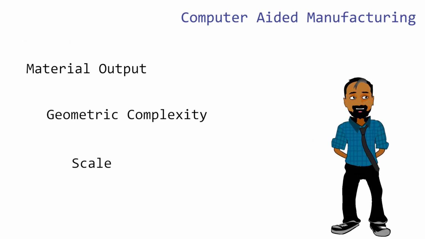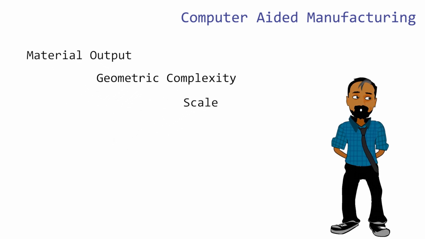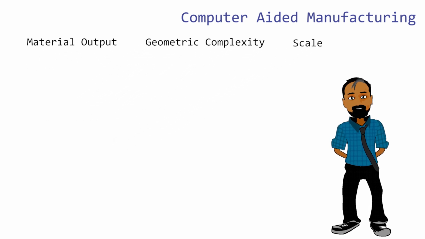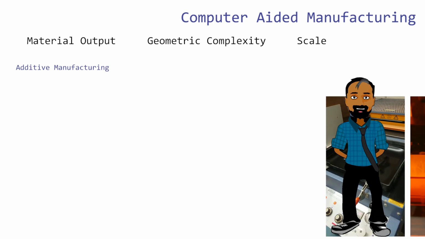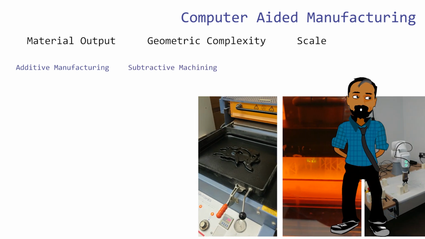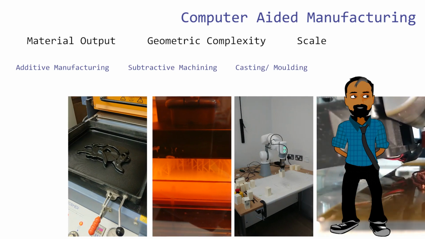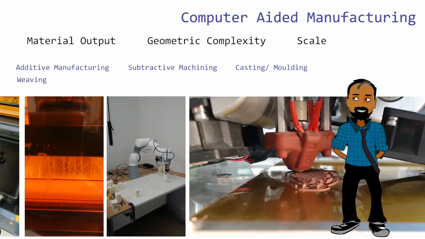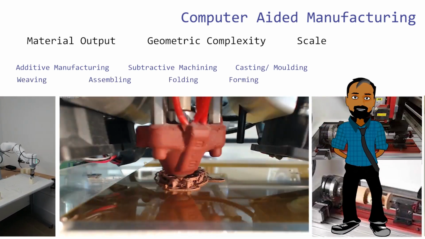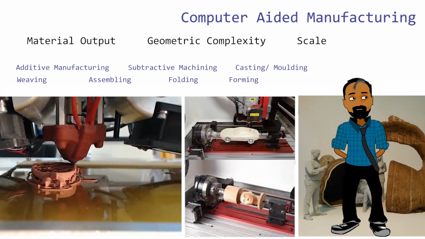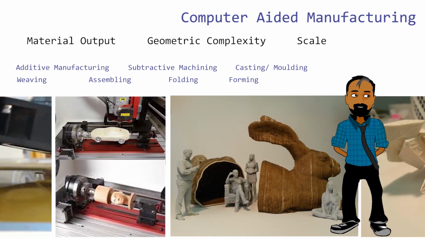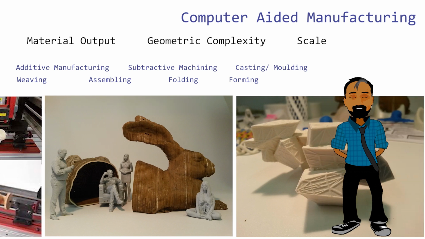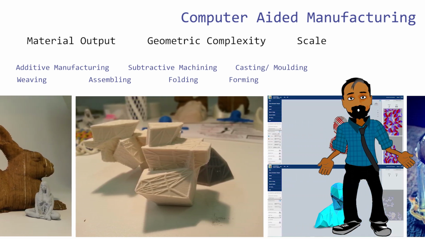These three factors will identify the technique best suited to communicate your design intentions, whether it be additive manufacturing or layering, subtractive machining or cutting, casting or molding, weaving, assembling, folding, and even forming. And the most creative applications have always consisted of a composition of techniques. The applied techniques will bring your intentions to reality.